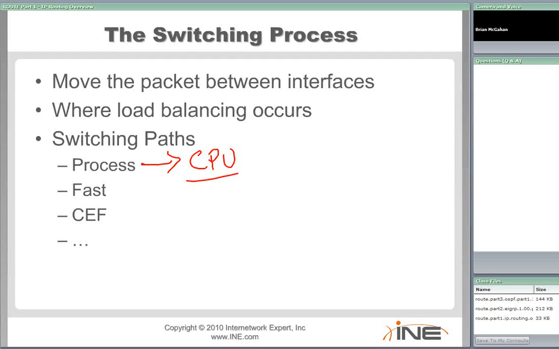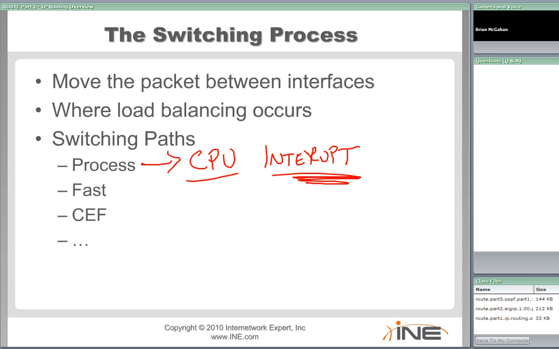So process switching is also known as interrupt switching. Basically it means that the routing process generates a CPU interrupt every time that you're trying to send a packet to a destination. Normally in production, if you do process switching, you'll see very, very high CPU utilization, and you'll have very high utilization in the interrupt process.